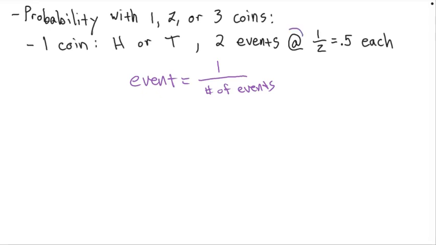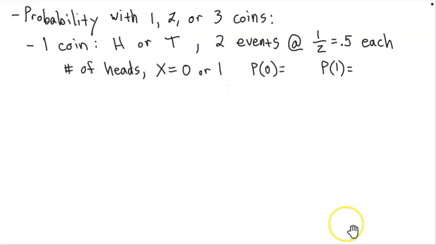And that means that each one of those events are going to be 1 over 2, or 1/2, which is 0.5 each. So there is a 0.5 chance of getting just heads and a 0.5 chance of getting just tails. But now when we ask about the outcomes, the number of heads, the possibilities are either 0 heads or 1 heads. Well, so what would the probability of flipping 0 heads be?